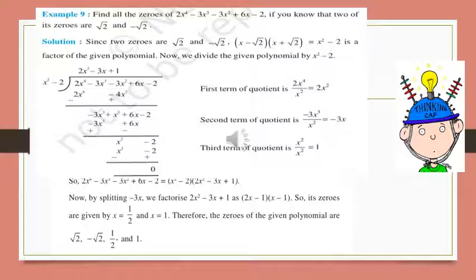Therefore the zeros of the given polynomial are root 2, minus root 2, 1 upon 2 and 1. We obtained this by factorizing the quotient, which is obtained by dividing the given polynomial by the known factor. In this way we can find all the zeros of the given polynomial.